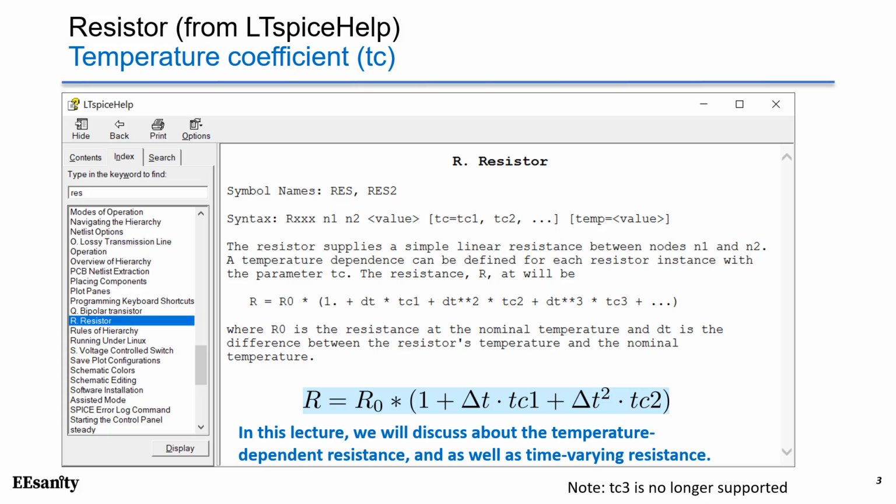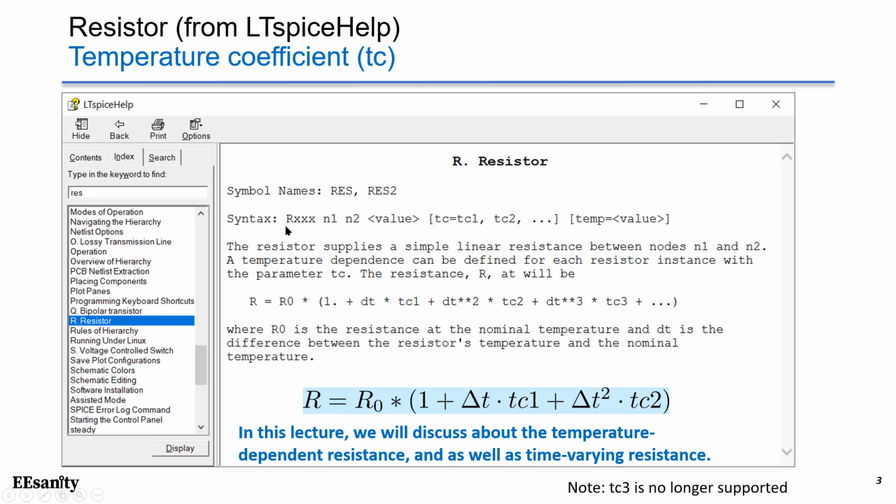First, let's look at the resistance syntax in LTspice. You can press F1 to get LTspice help and search for resistors. So this is the syntax for resistor.